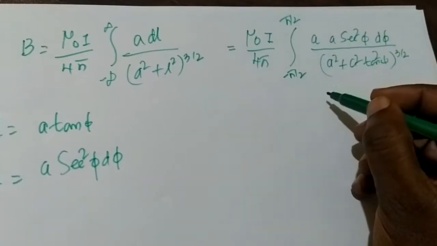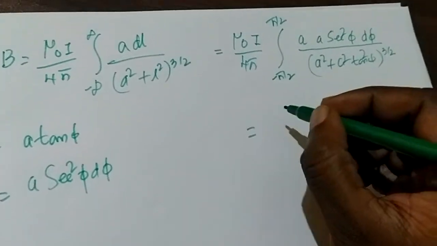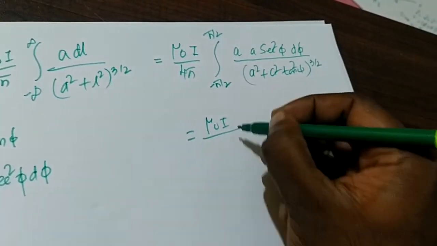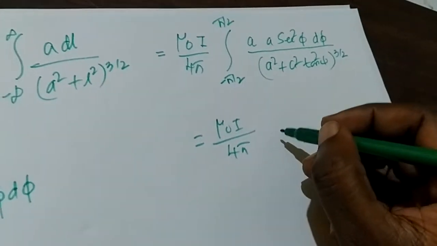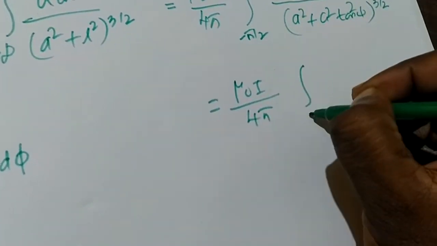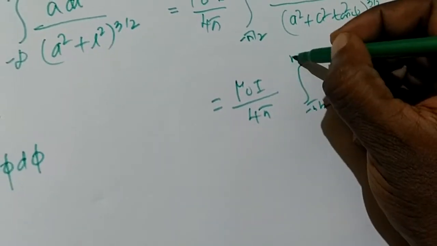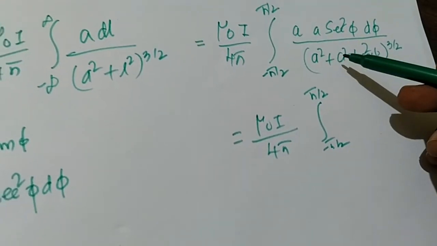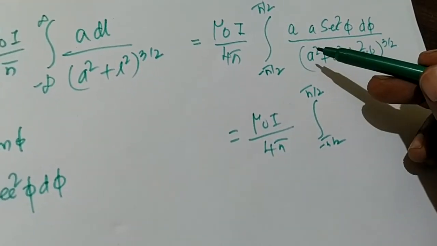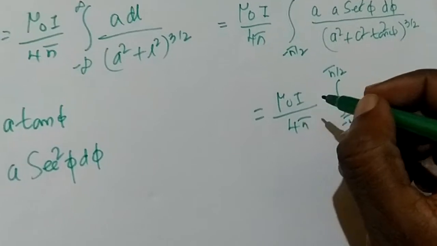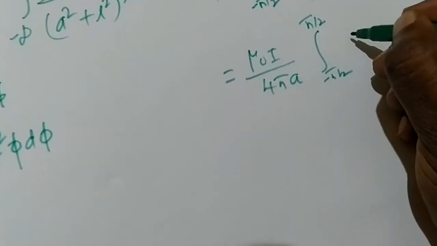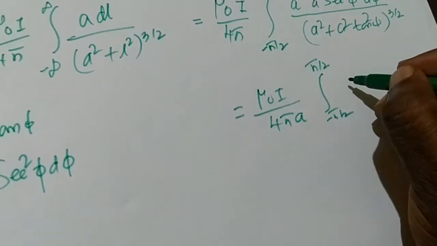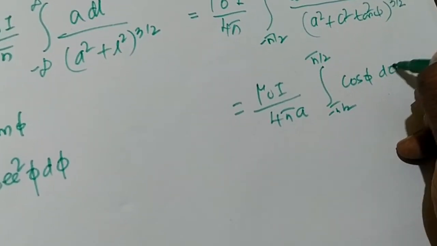So I get an a square above the line, and there is an a cube below. See, here we have an a square. If I take a square raised to 3 by 2, I get a cube. So this will cut, and what I am getting is 1 by a into, on solving this one, cos phi d phi.